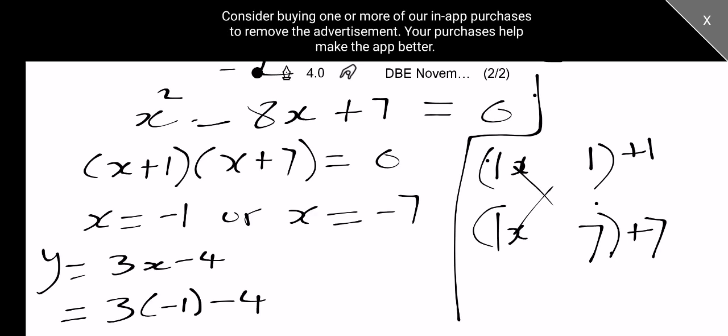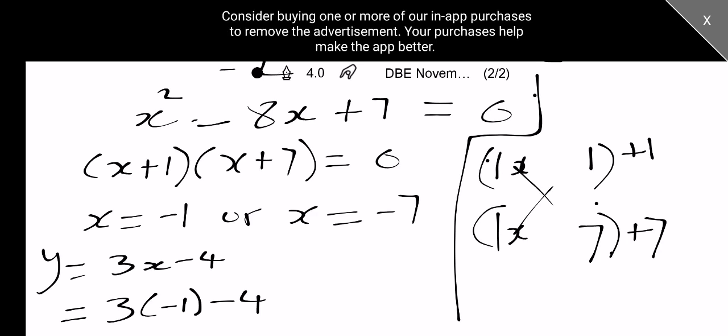Whenever the sign before the constant is positive, your brackets are going to carry the same sign.